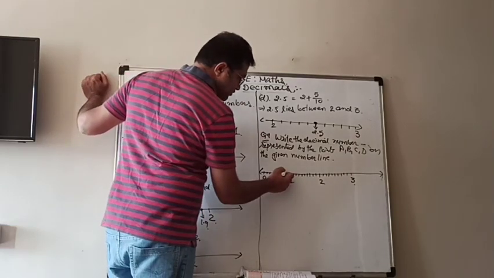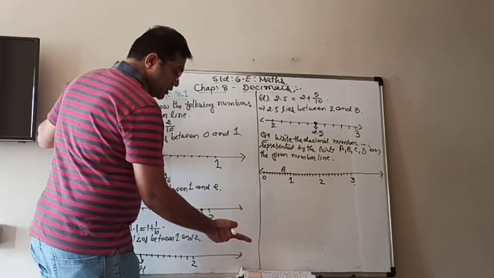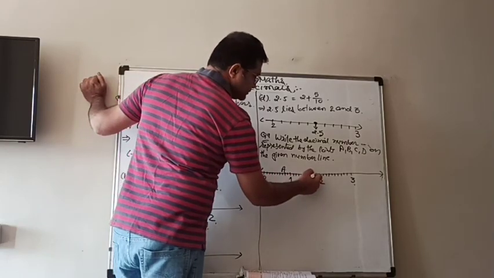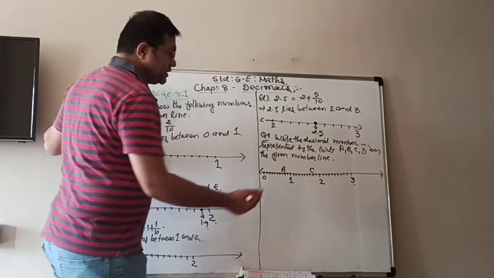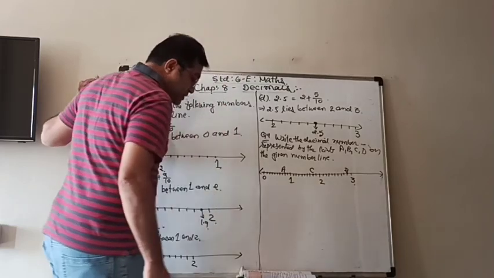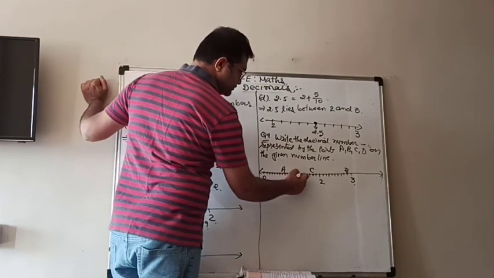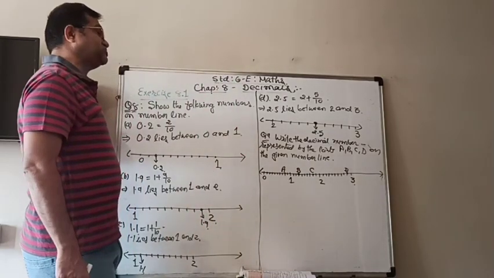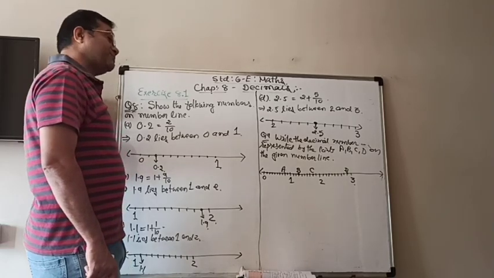Here they put A, then B, then C is like here, and D is just next to 3. Where is B? B is after 1, 2 and here. So now we have to check which number is represented by the points A, B, C and D.